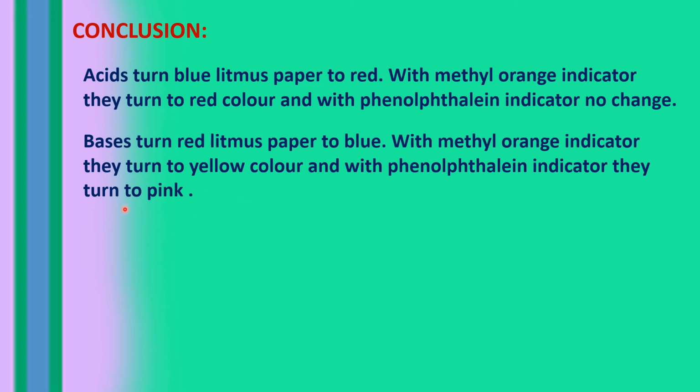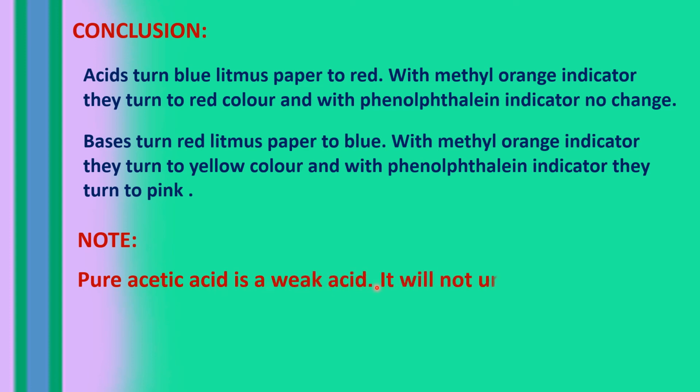Okay, here we have seen that acetic acid solution also turned blue litmus red. But a pure acetic acid will not respond to blue litmus paper. Why? Because it is a weak acid and it will not undergo complete ionization.